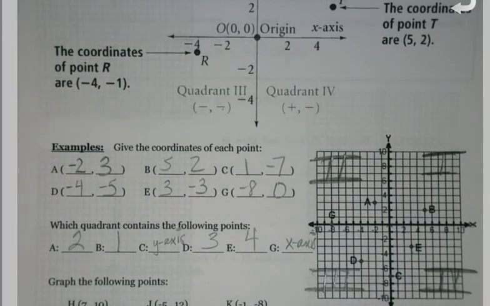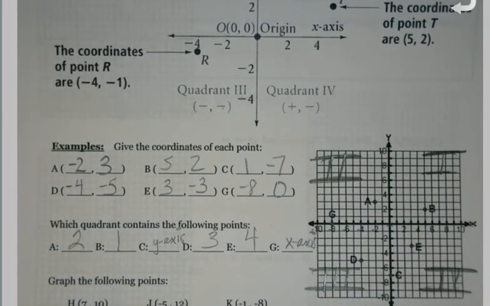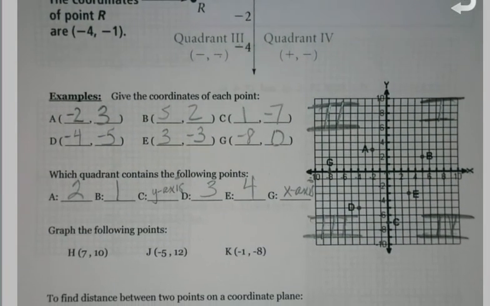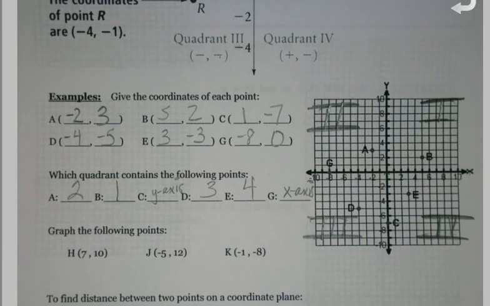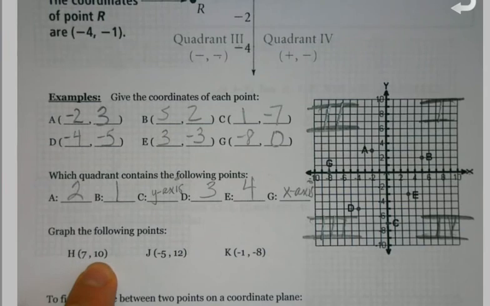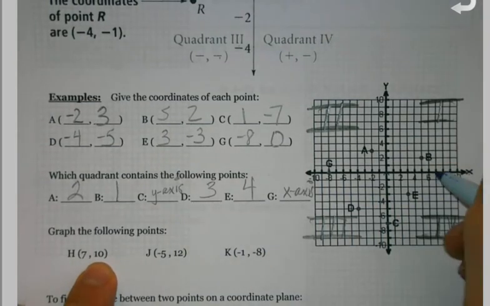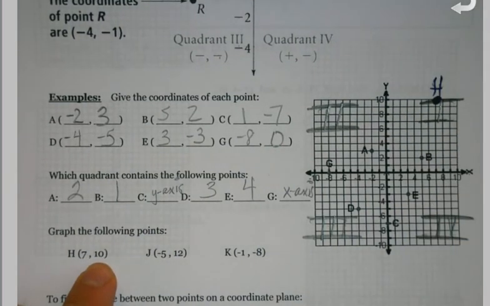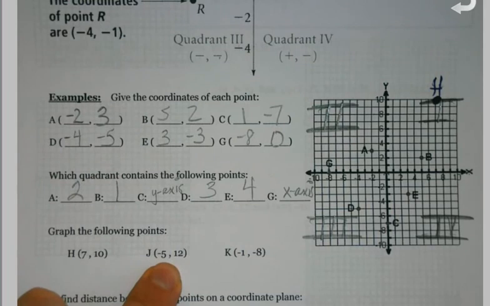So then if I wanted to plot points, which we were going to do a couple here, just to make sure we got the point. If I wanted to graph the point 7, 10, what directions would I be going and how many? Okay, right 7 and up 10. Make sure I get on the right dot here. Okay, so there'd be my H. J, -5, 12.